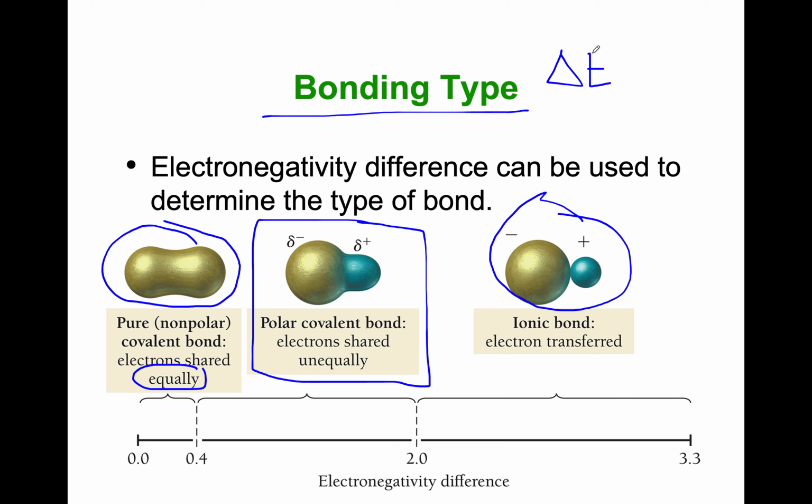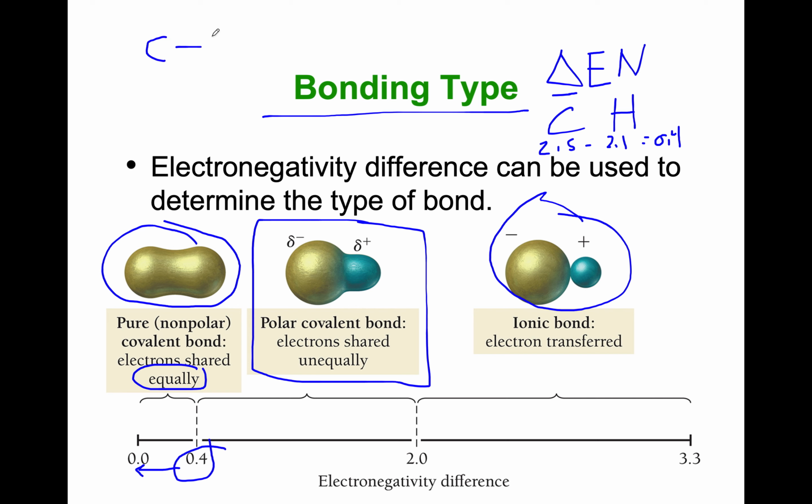If you have a bond between carbon and hydrogen, you look up the electronegativity, and carbon's 2.5 and hydrogen's 2.1, and you calculate the difference. So 2.5 minus 2.1 equals 0.4. If you look down here, it's right on the verge, so in this case, this is treated as a nonpolar bond. So a carbon-hydrogen bond is a nonpolar or pure covalent bond.